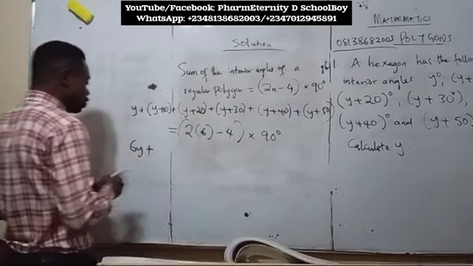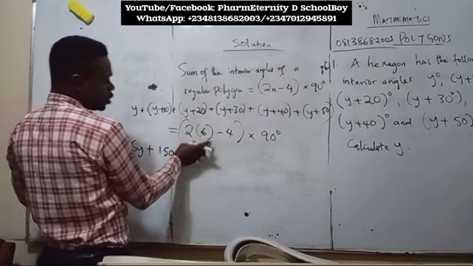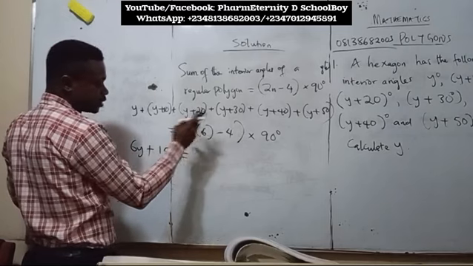So 6y plus 150 is equal to 2 times, we open this bracket, 2 times 6 is 12.